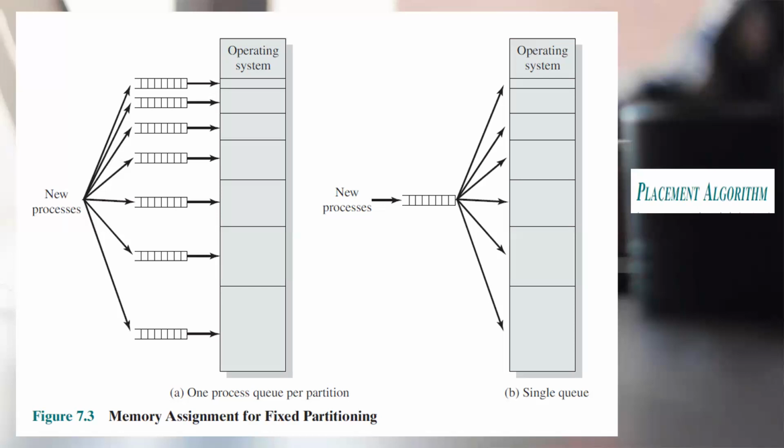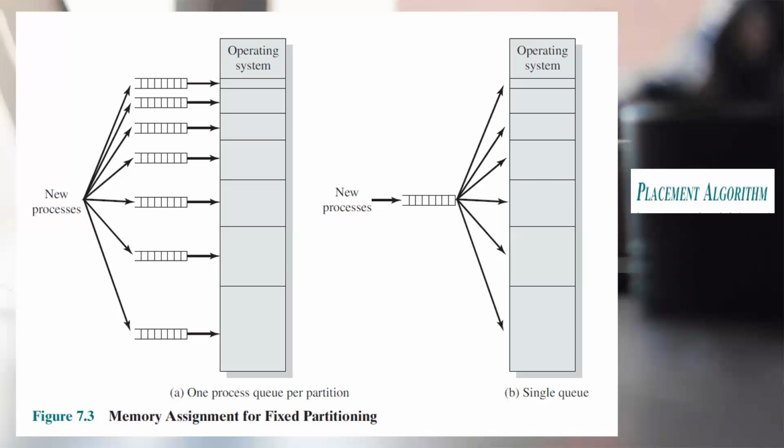Although this technique seems optimum from the point of view of an individual partition, it is not optimum from the point of view of the system as a whole. So when it is time to load a process into main memory, the smallest available partition that will hold the process is selected.